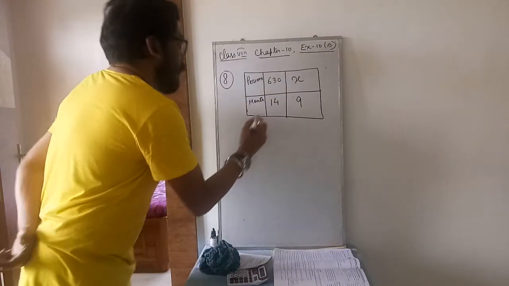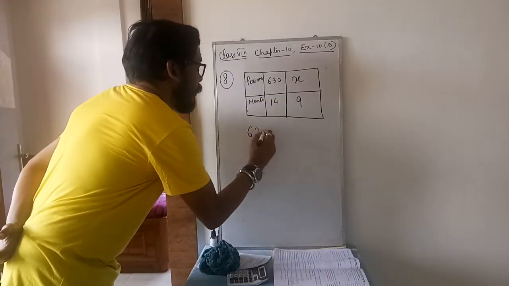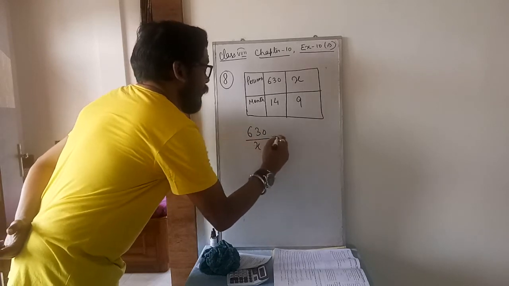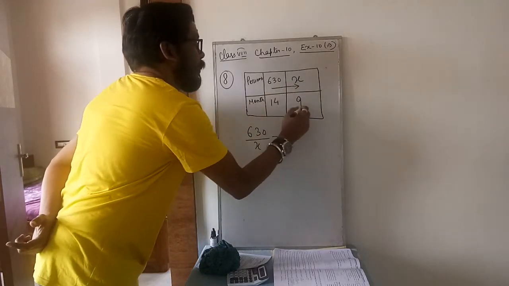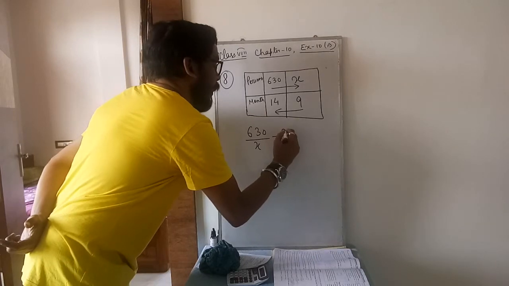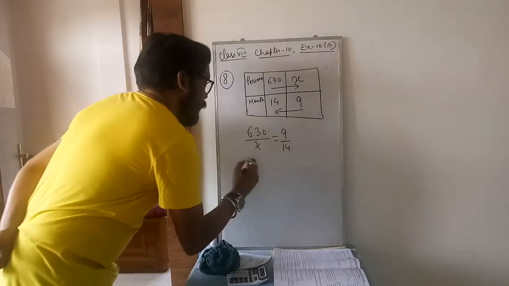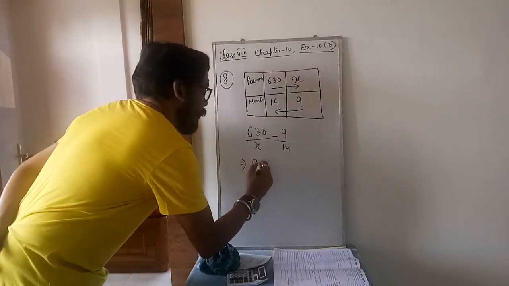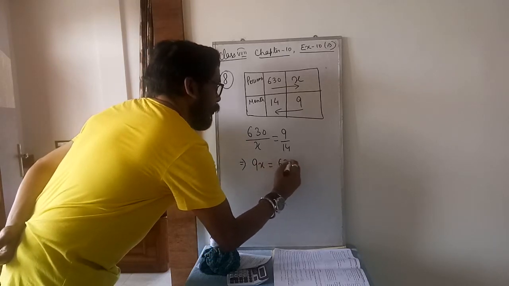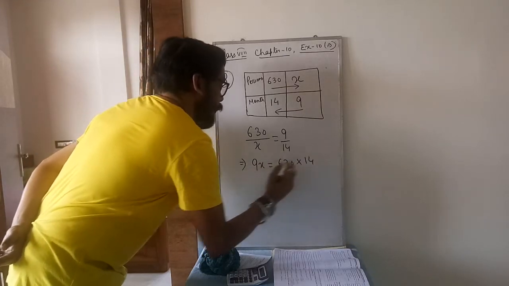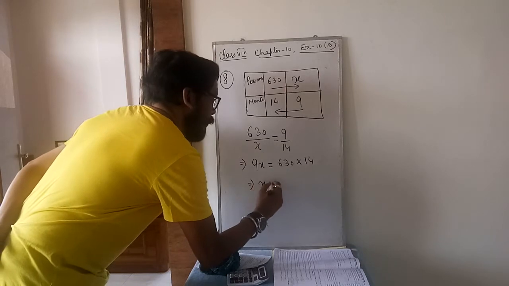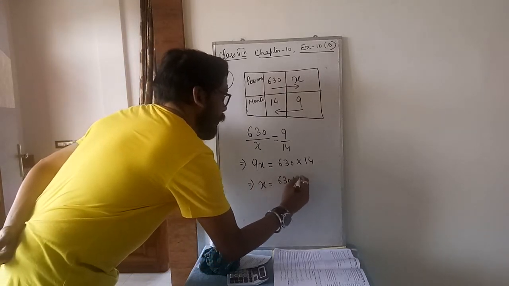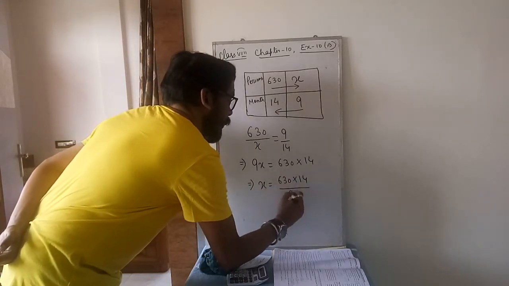So you find the ratio of the persons. 630 by x equals, you have written it this way, the other you do this way, 9 by 14. Cross multiply it. So it is 9x equal to 630 into 14. So x equal to 630 into 14 by 9.